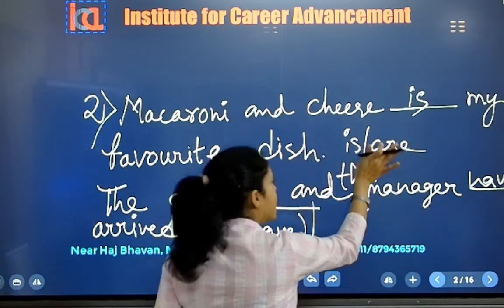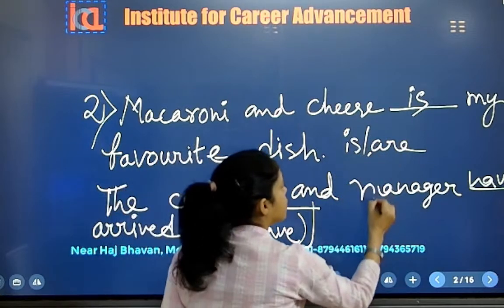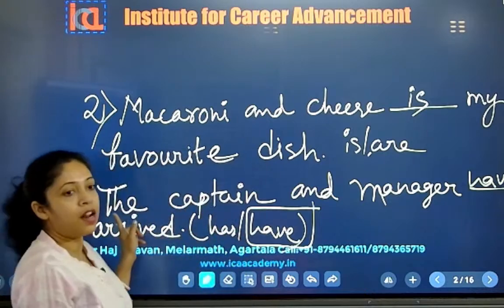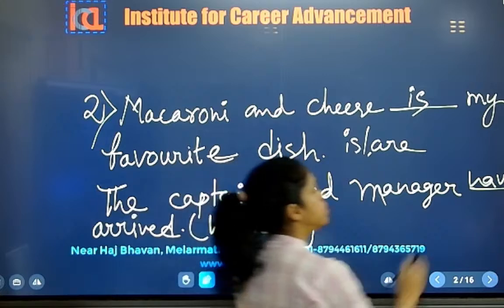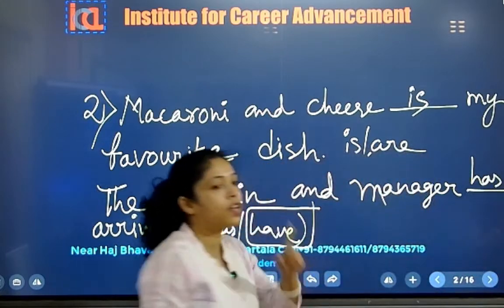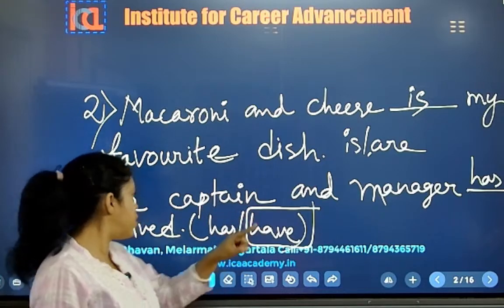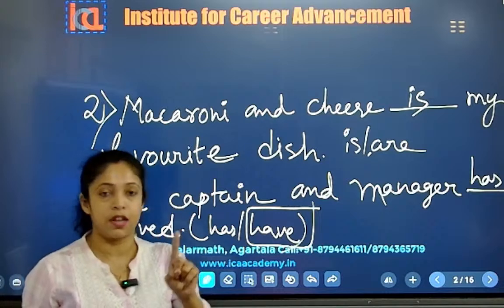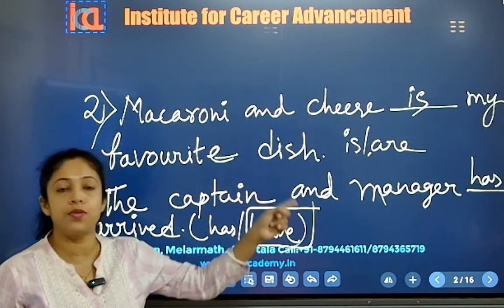But whenever one noun is used with a particular article, only one article is there, then we shall use a singular verb, because here it is referring to a single person. Whenever we use the captain and manager has arrived, it is a single person. Whenever we say the captain and the manager, then it will be have arrived.